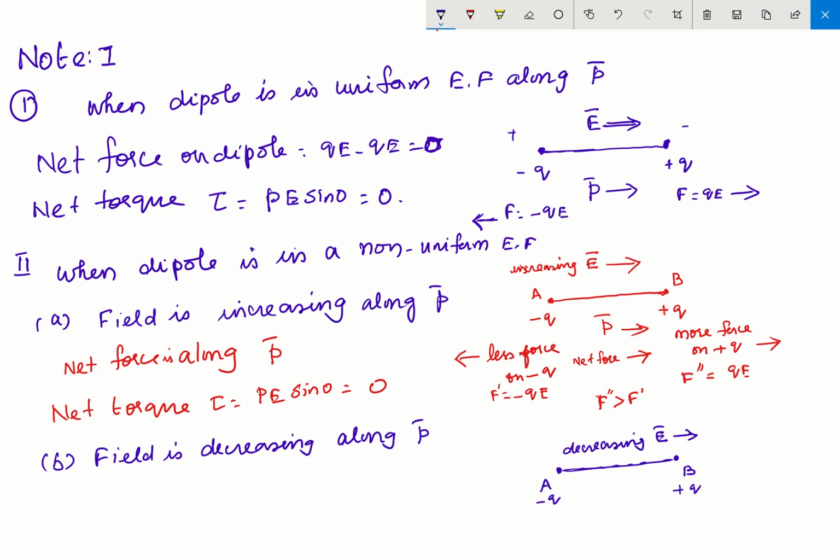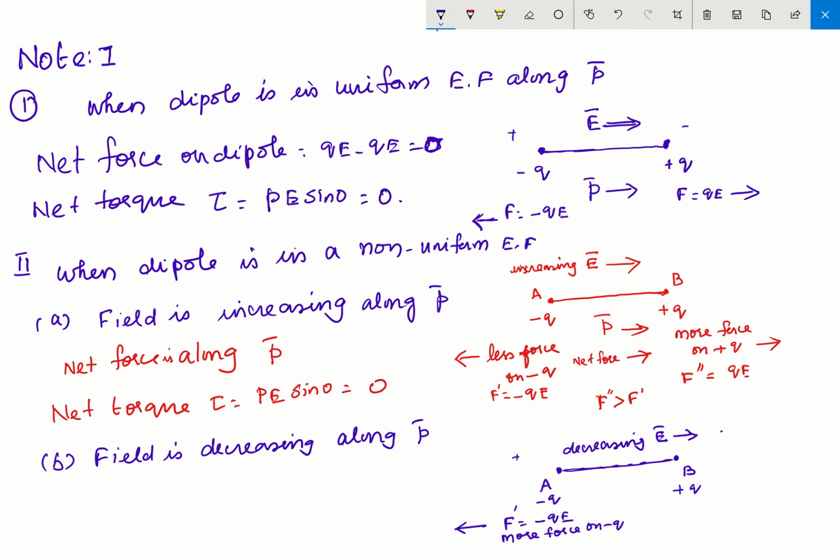Let the force on minus Q be F dash now. F dash is equal to minus QE. Okay, correct. But it will be more. Therefore, more force on minus Q, and in which direction? It will be in this direction. Why this side? Once again, I am telling this side is positive of the electric field and this side is negative of the electric field. Therefore, it will be attractive.